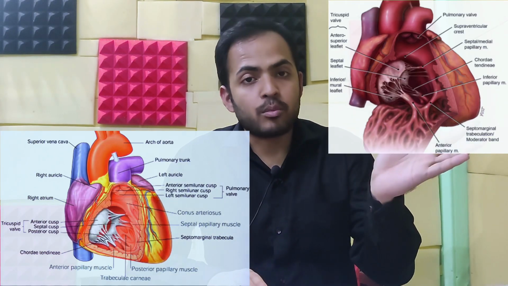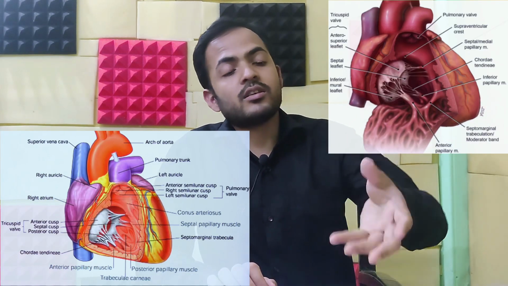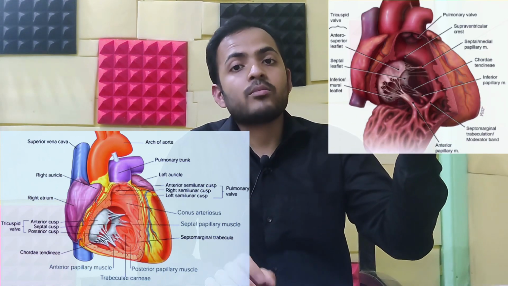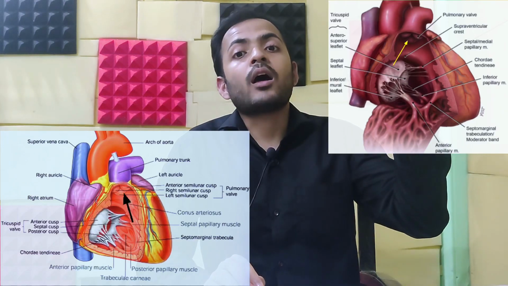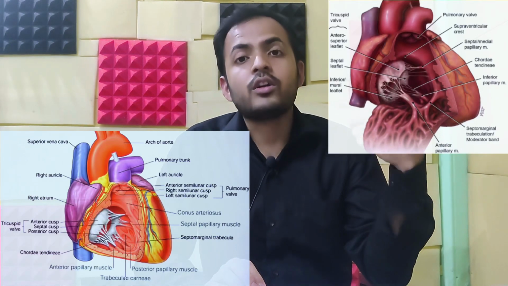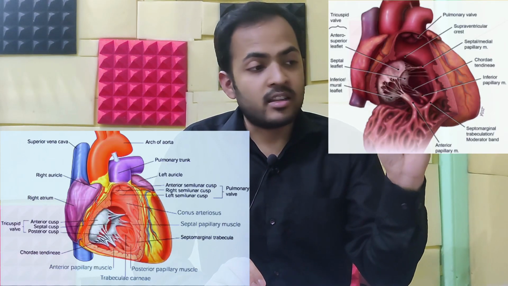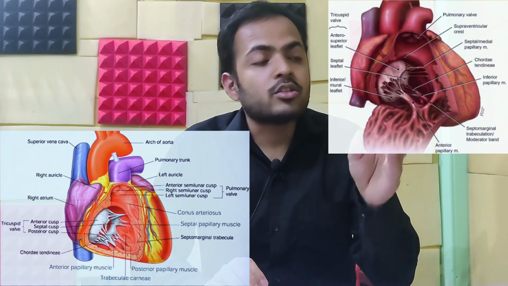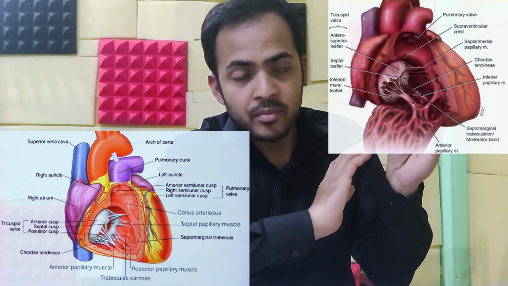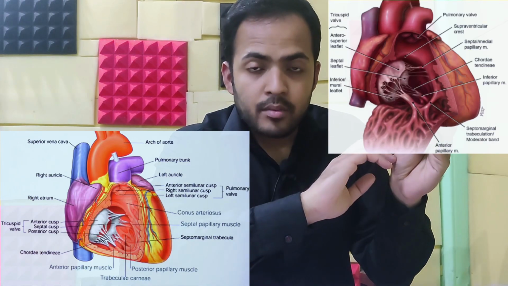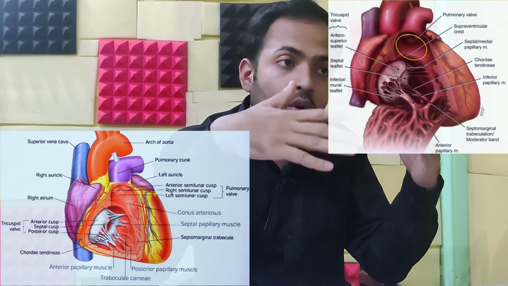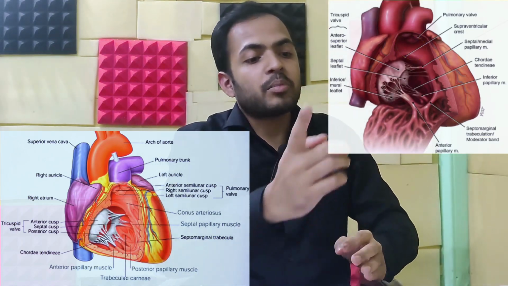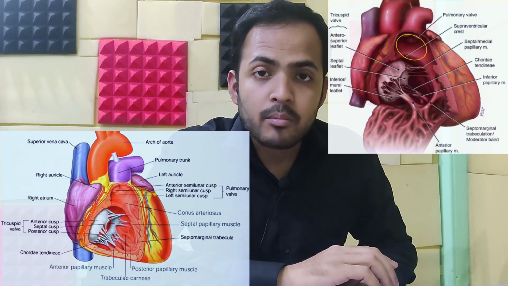Now in the outflow part, I told you because this blood is getting out from this right ventricle into the pulmonary trunk, so you call it outflow part. And this outflow part contains no papillary muscle, no trabeculae carneae, so it is smooth like butter. Okay, so we call it smooth part. The pulmonary trunk originates from this side, so the base part is known as infundibulum.